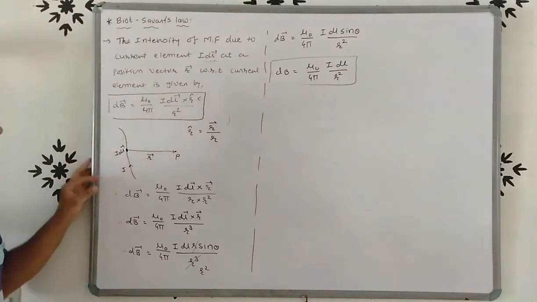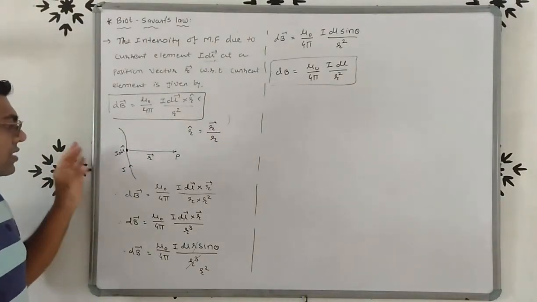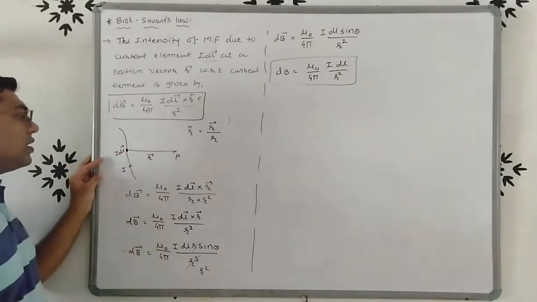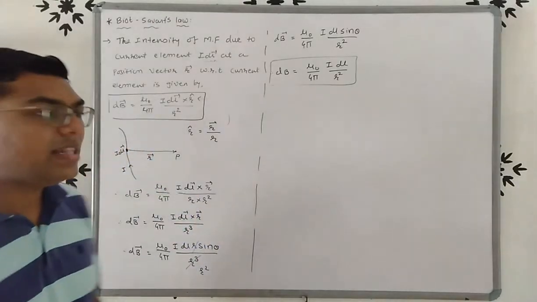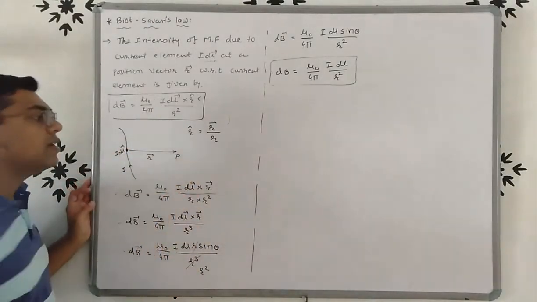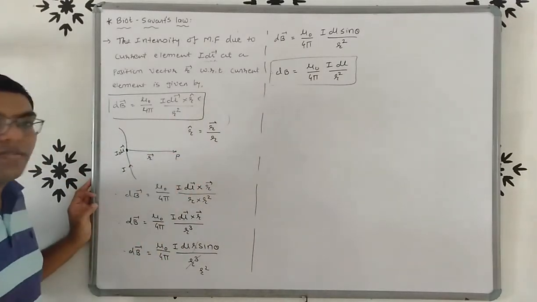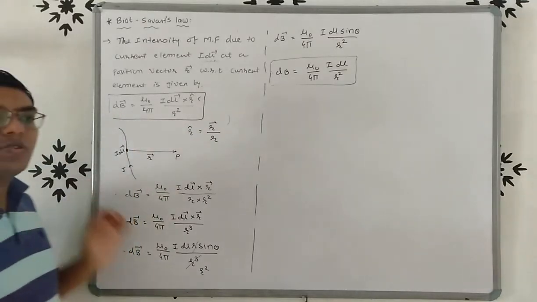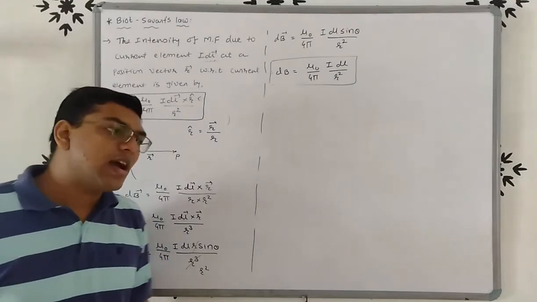So here we consider one conductor having length L and the current passing through this conductor is I. So here we consider one current element Idl. We have to write the magnetic field at point P. So the magnetic field at point P having position vector r is given by vector dB is equal to μ0 by 4π, Idl cross r cap upon r square.